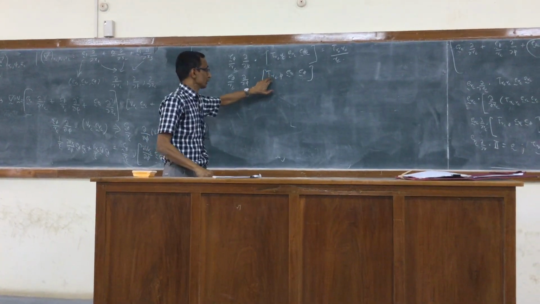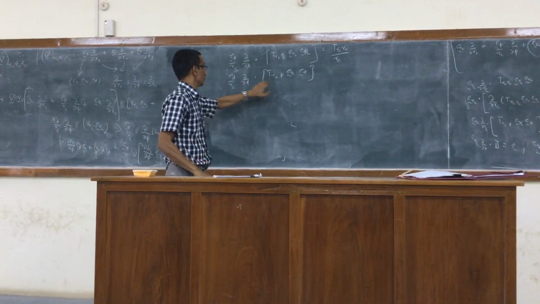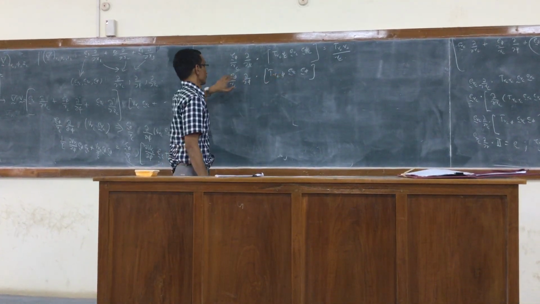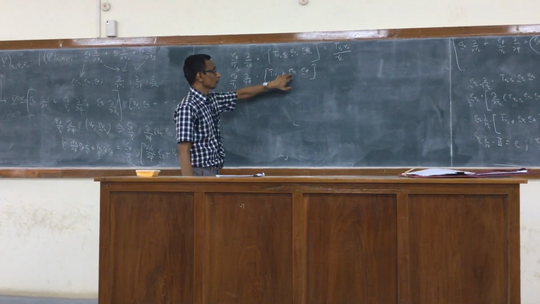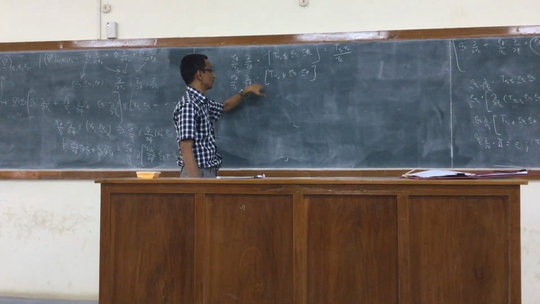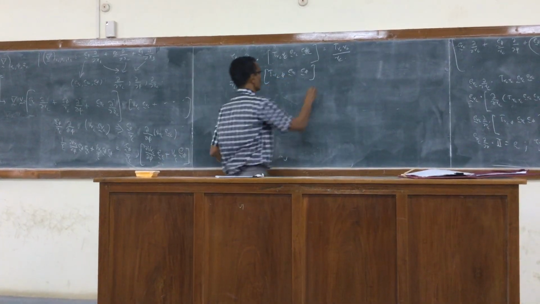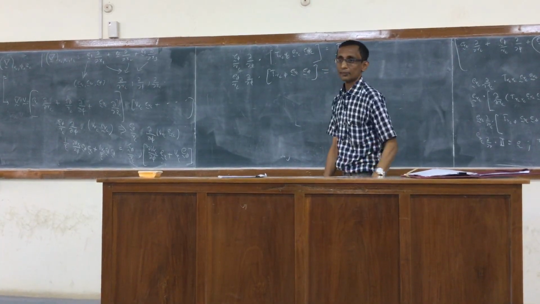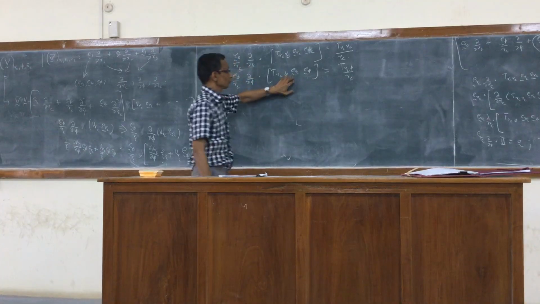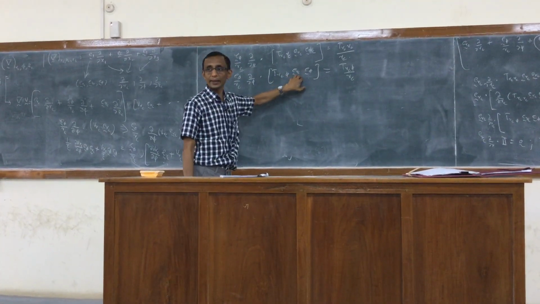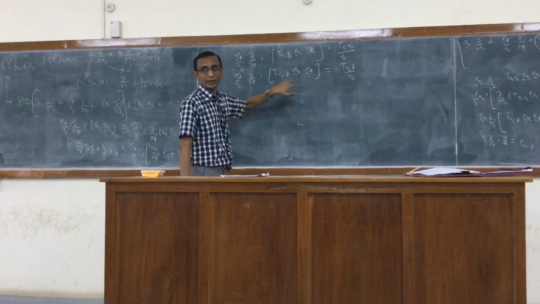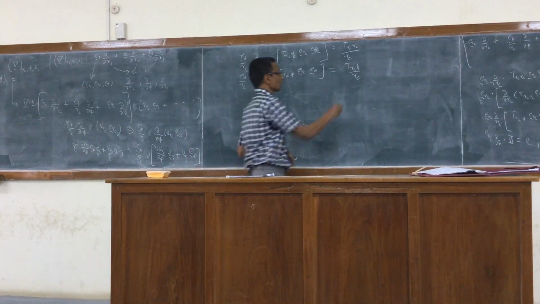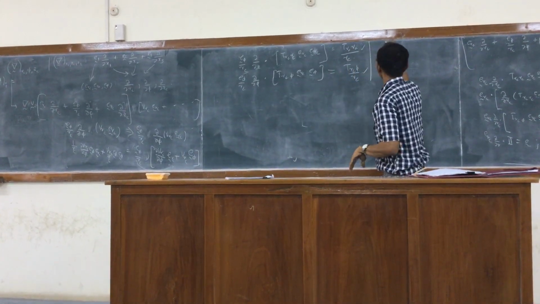The term involving the derivative of e_rho phi with respect to phi would continue to have e_rho in front, right? So that would be 0. The next term would involve de_rho by d phi, and that would contribute, right? So that contribution would be e_rho phi by rho. Then the third term would involve e_rho again times de_z by d phi, instead of de_rho by d phi there. So that also would vanish.